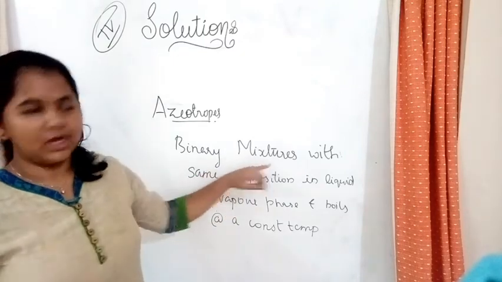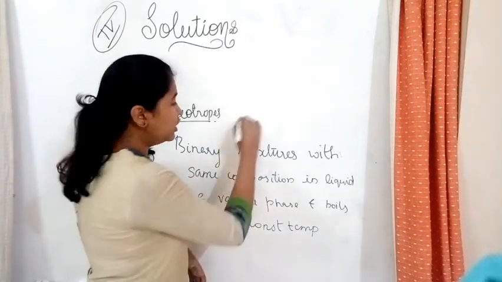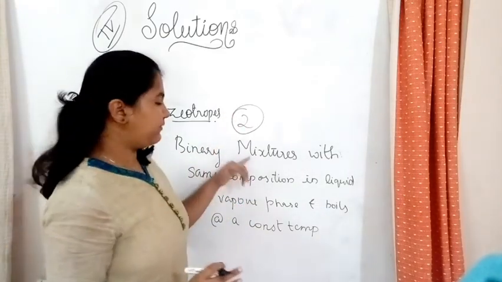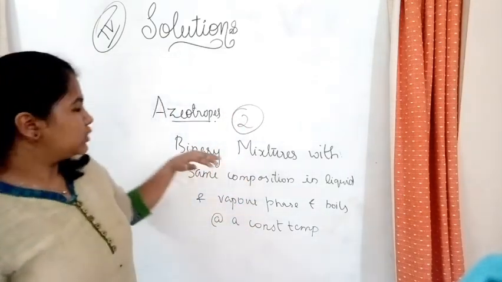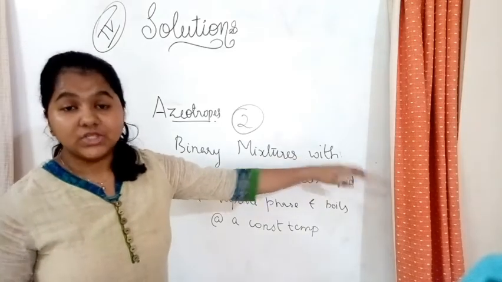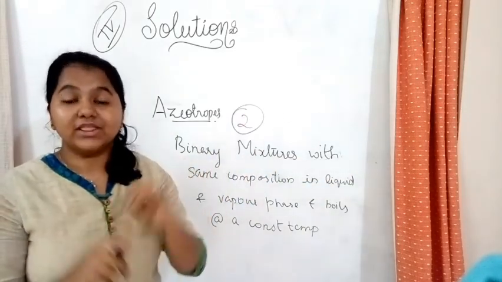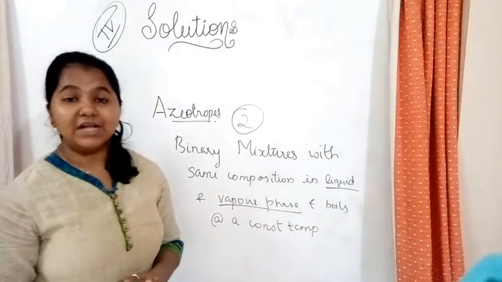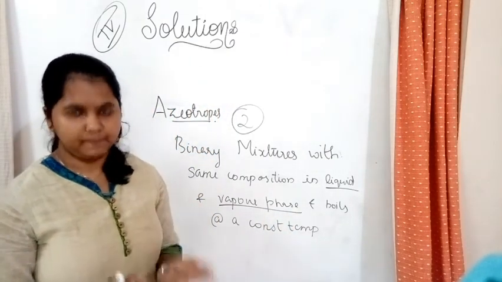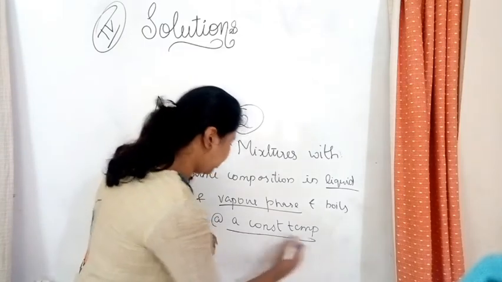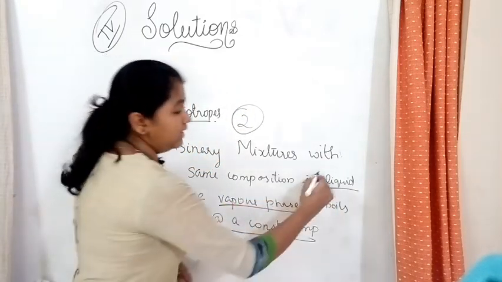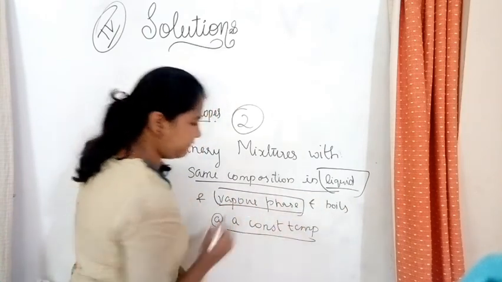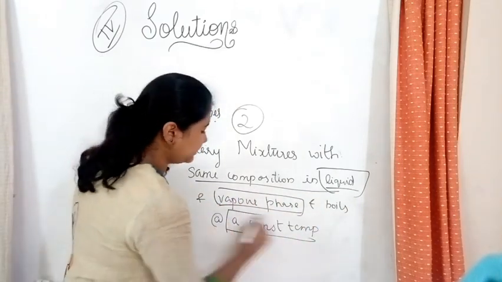So, binary mixture is mixtures with two components. That is, there are only two components for the formation of this mixture. So, this is a binary mixture with the same composition in both liquid and vapor phase. And also, it boils at a constant temperature. These are the points that you have to note.